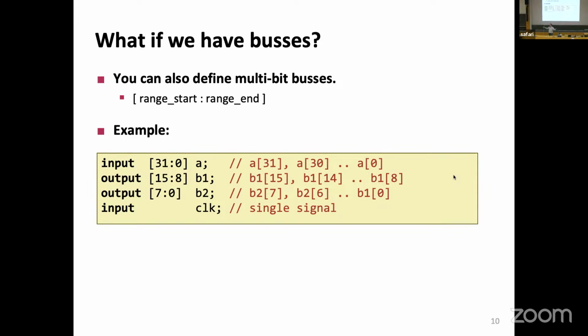They have their own sizes. They can be the same size. Their ranges can overlap. But later, when you use it, you can have a subpart of this assigned to someplace else. You can say A31 to 24 should have this value, whereas A23 to 16 should have another value. You can make partial assignments to a larger signal, overlapping assignments and things like that. I mean, freedom. You are free.